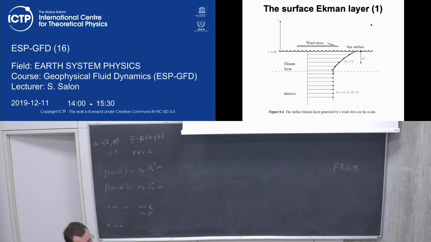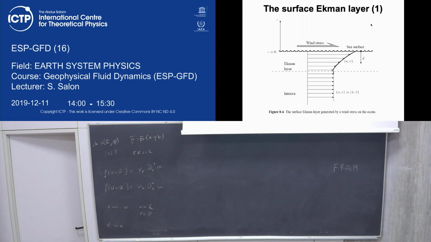Now you can also reason intuitively. We have the wind stress, and it's like a layer. The wind stress is acting on the sea surface, moving the first layer of the surface at the same velocity of the wind, or let's say the same order. And then all the other layers will progressively feel less and less the wind stress.